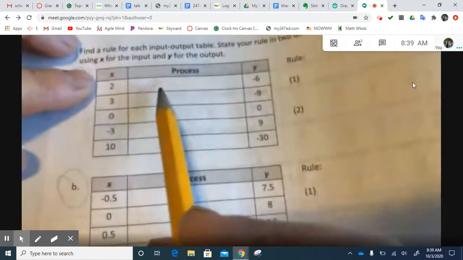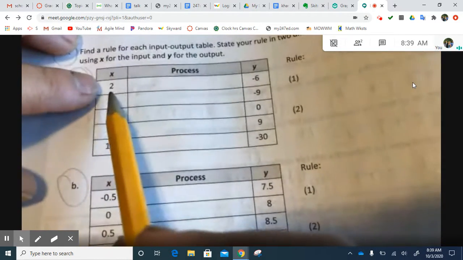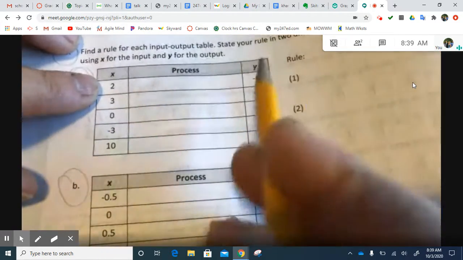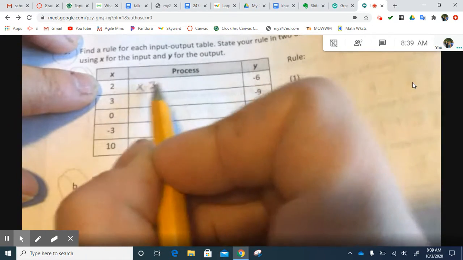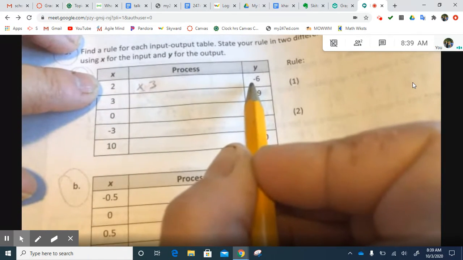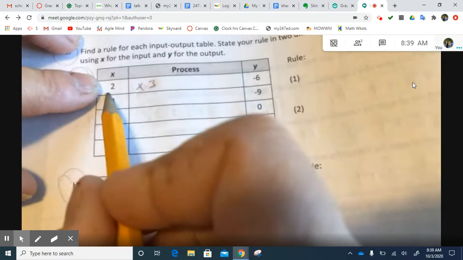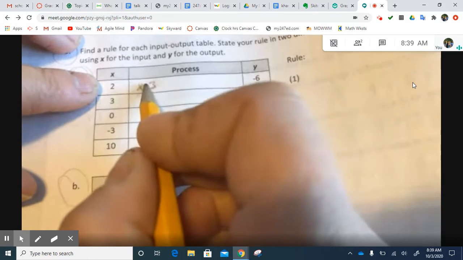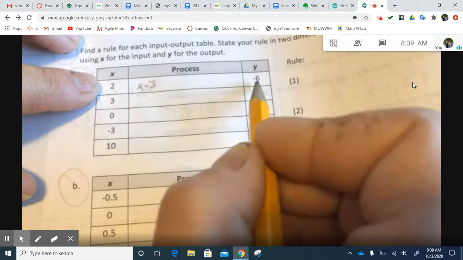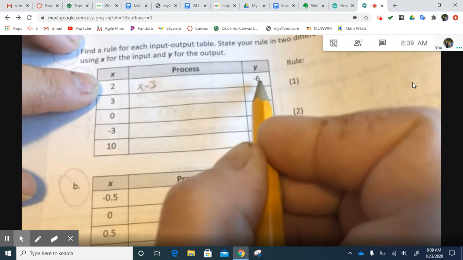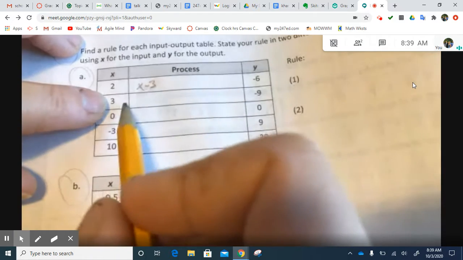So how about multiplying? Well, I can see from 2 to 6, we can multiply by 3, but this is a -6. So if positive times a negative gives us a negative, then that would work. So let's try it here.